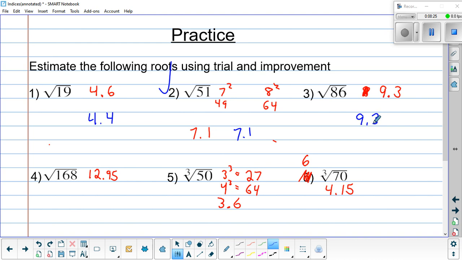So after you do enough of these, that's why we practice, you kind of get a handle for it. Here, this was 12.96. Cube root of 50, 3.6, 3.7 after rounding. And 70, the cube root of that was 4.12. So pretty close. Pretty close.